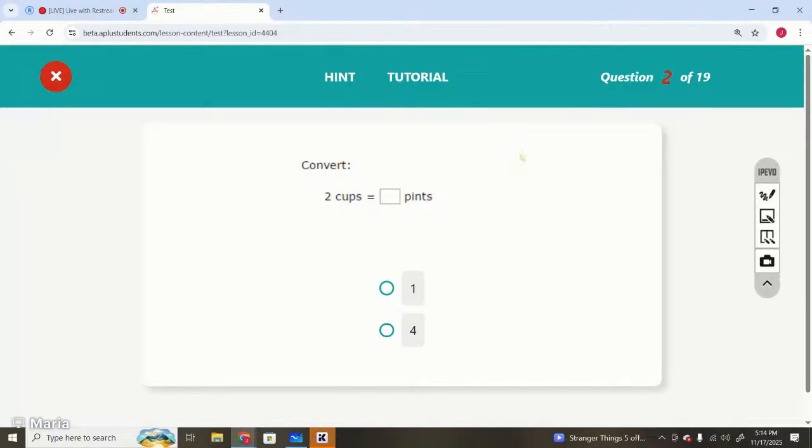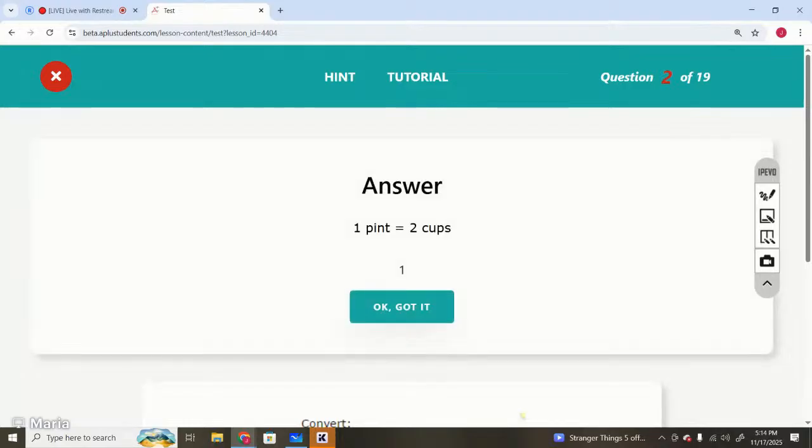Two cups equal how many pints? Sorry, 1 pint equal 2 cups.